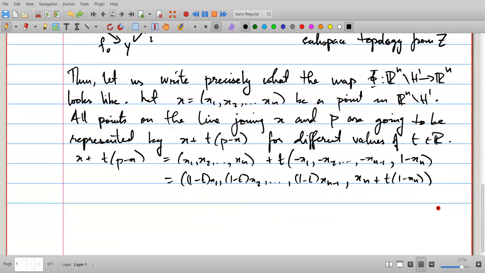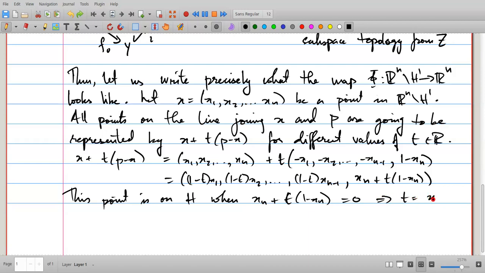So this point is on H when xn plus t times 1 minus xn is equal to 0, which means that t is equal to xn upon xn minus 1.